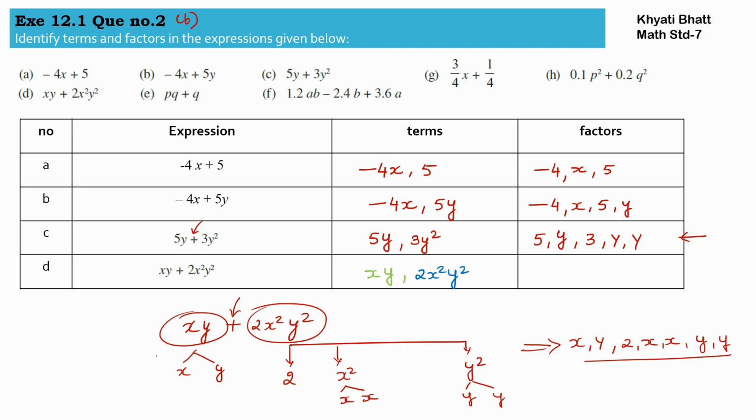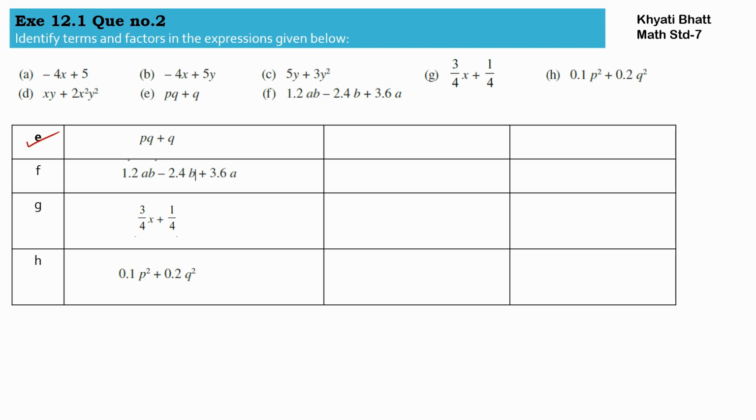Factors for the first term are x and y, and factors for the second term are 2, x, x, y, y. Next, PQ plus Q. So there are two terms, PQ and Q, and factors for this are P, Q and Q again. The second Q is from the second term.